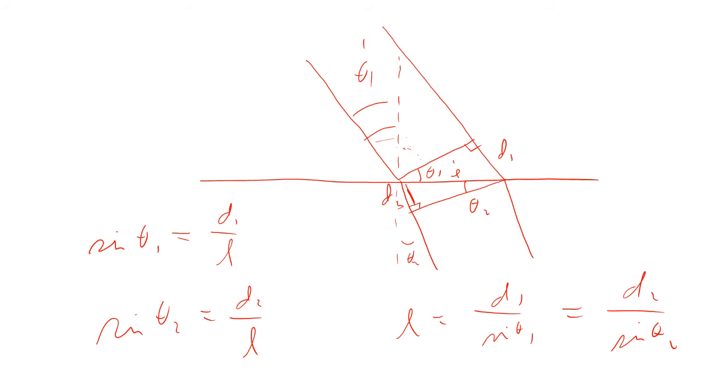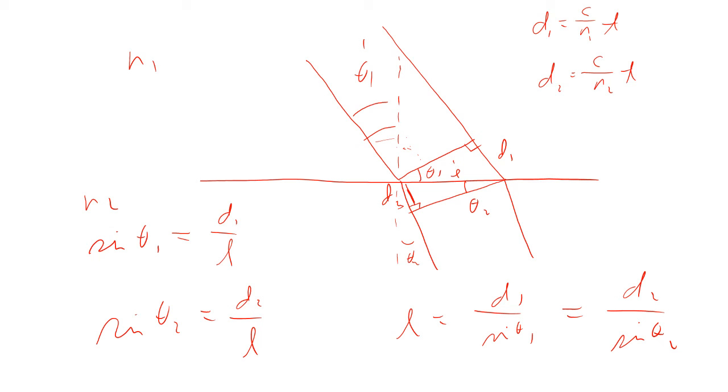Well, d1 is the distance that the light traveled in material 1, and d2 is the distance that light traveled in material 2. In the same length of time, they travel different distances. So d1 is the speed of light in material 1, which is c over n1, times the time, and d2 is c over n2 times the same time.